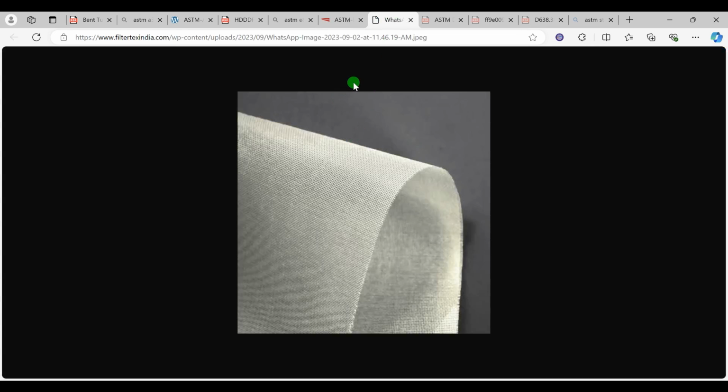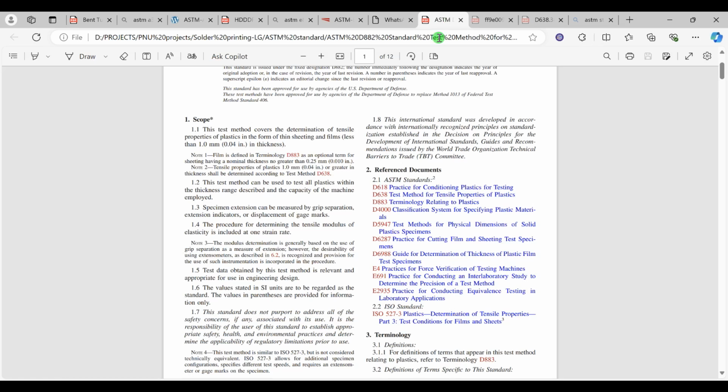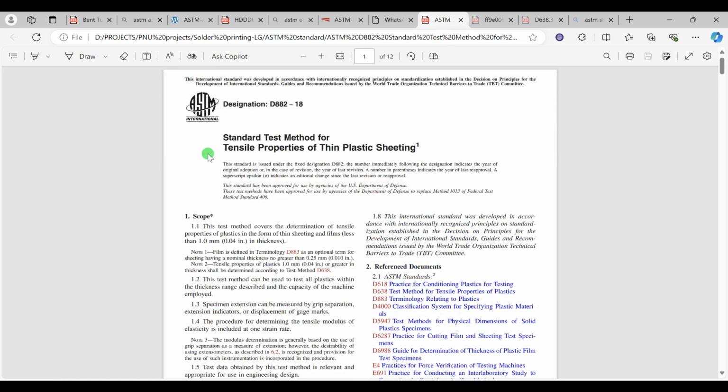Another one which I want to talk about is related to, as you can see, the meshed fabric. And for meshed fabric, we need a specific standard, as you can see, D882, and it is good for thin plastic sheeting.